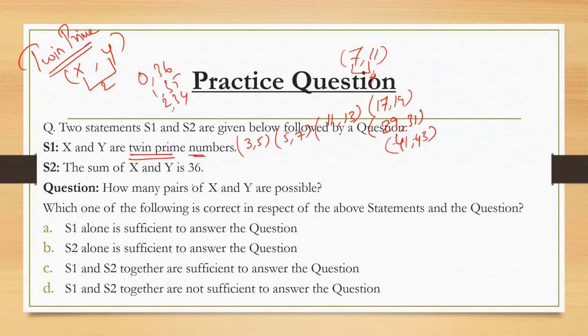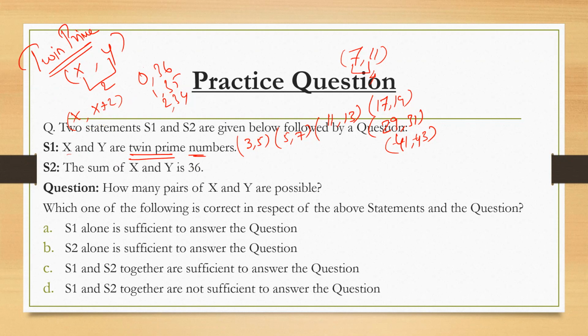Now, if I combine both of them together, then what will happen? I know that x and y are twin prime numbers. So if the first number is x, then the next number has to be x plus 2. Then only it will be a twin prime, because the difference between the two has to be 2.